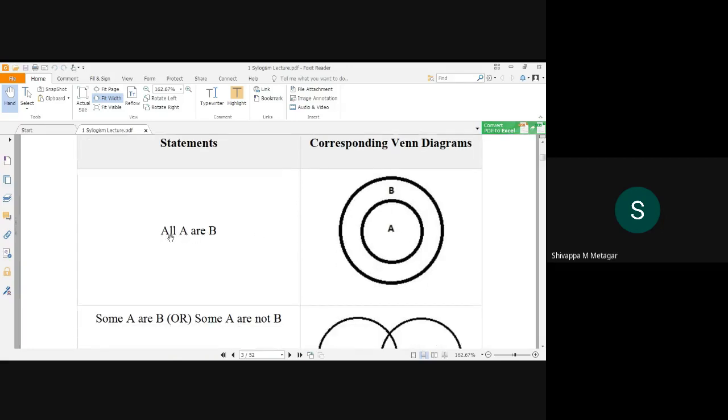See, all A are B: A is inside B. But if they are asking all B are A, no. Because it is only all A are B, we have to represent A inside B.